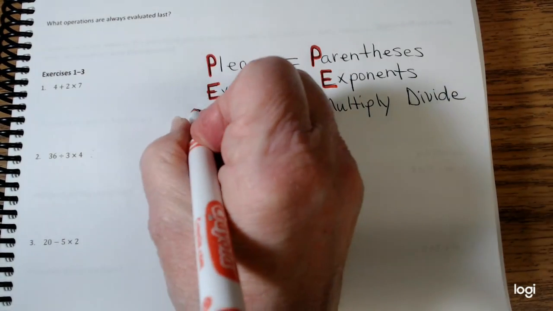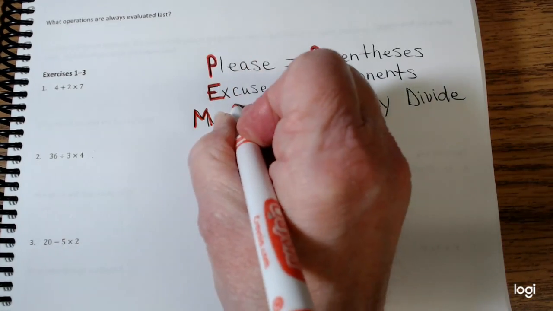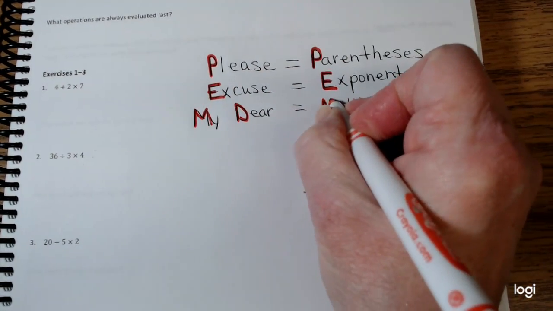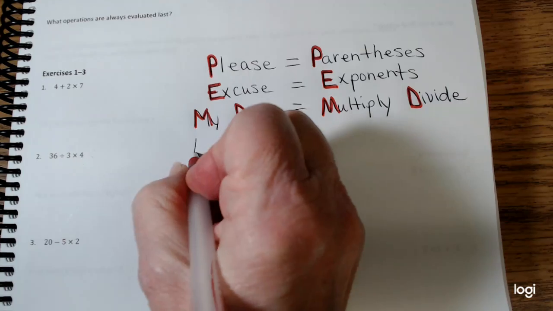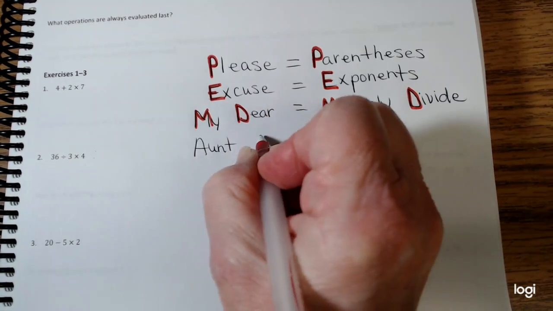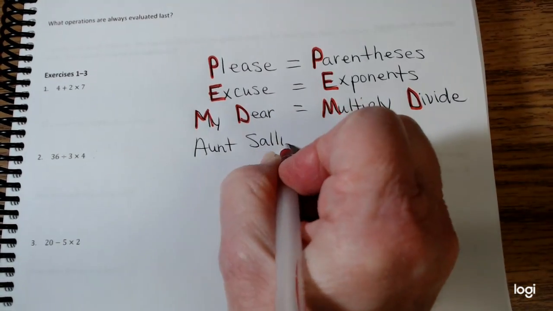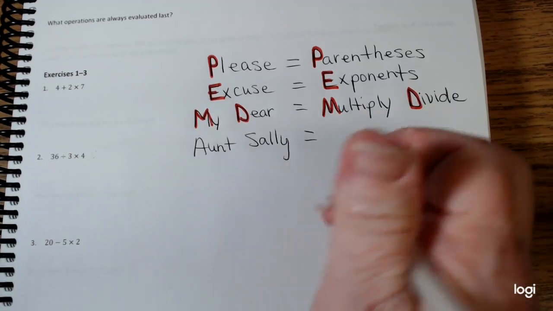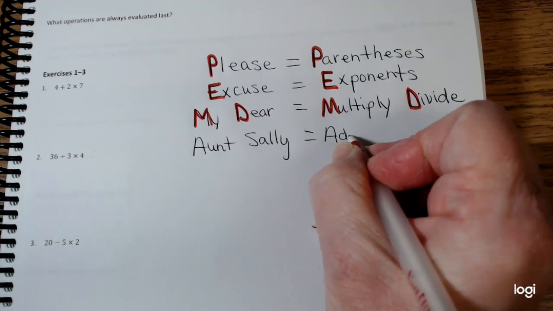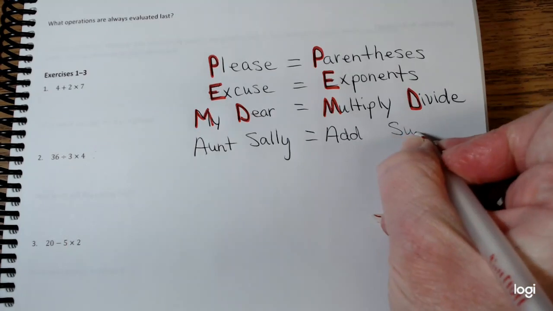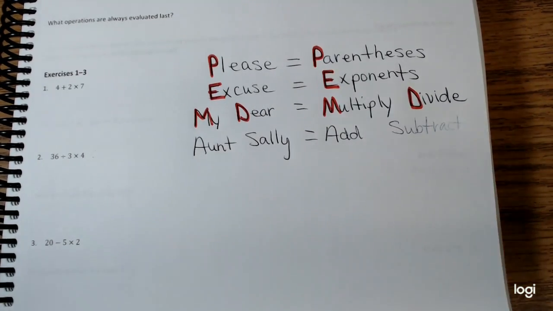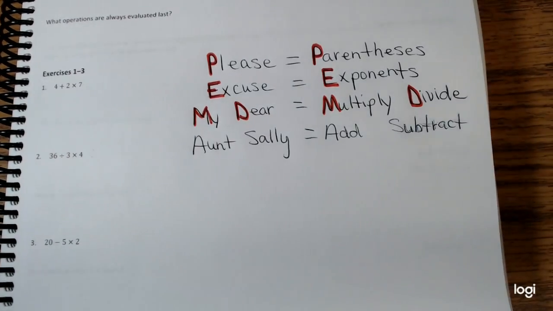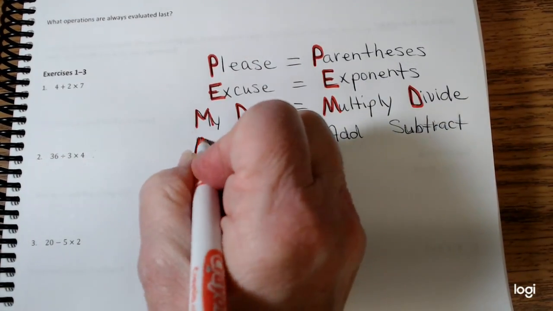We'll go ahead and I'll highlight my M, D, M, and D. And the last part of our saying I want you to write is Aunt Sally, and that is going to be to add and subtract. Oh, looks like I need to change my writing utensil.